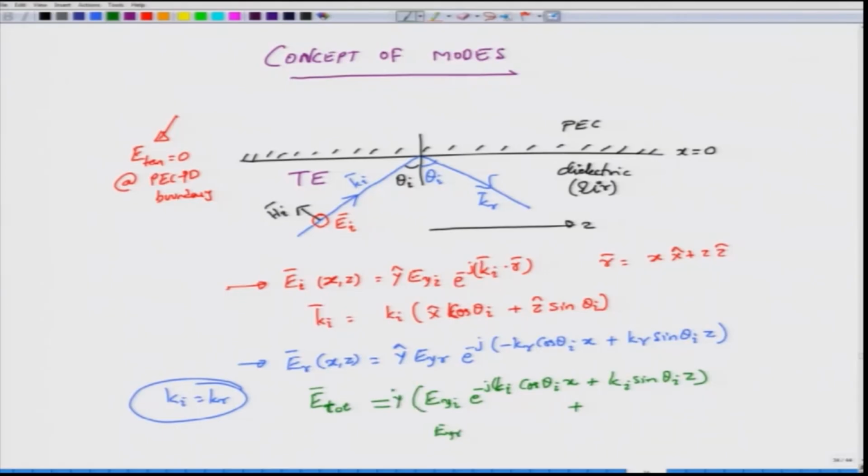I am going to write a y-hat outside here to indicate that this is actually the y-directed field. So, I have E_yr e^(j k_i cos θ_i x - k_i sin θ_i z). Please note the signs that I have written, this is very crucial.